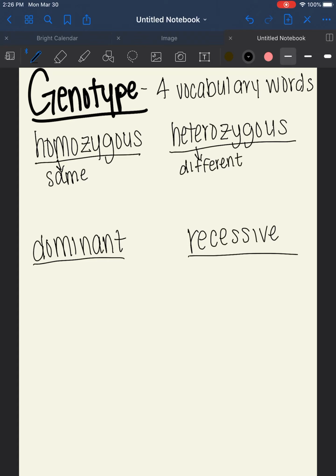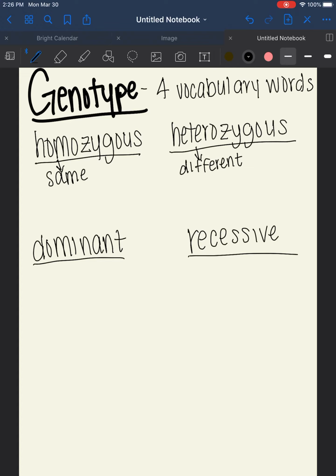In genotype, since that is the special letters in your DNA, we're going to be looking at how those different letters can be combined or arranged. The first way is called homozygous. Something that is homozygous is made up of two letters that are the same size.